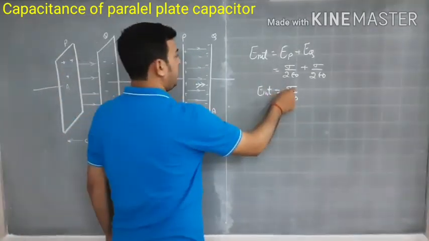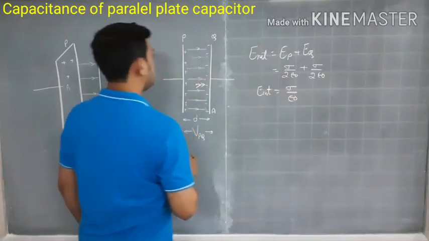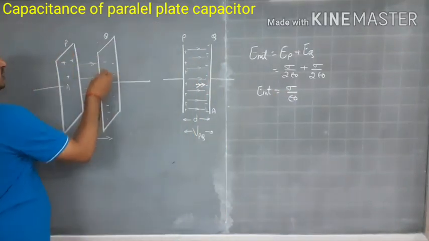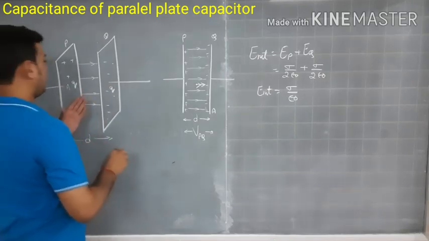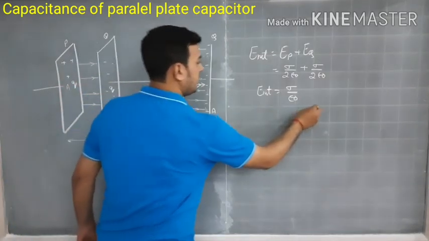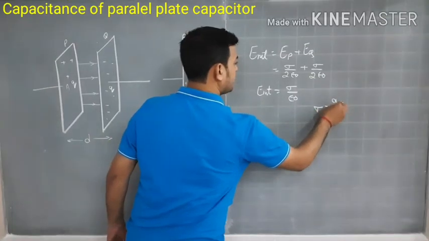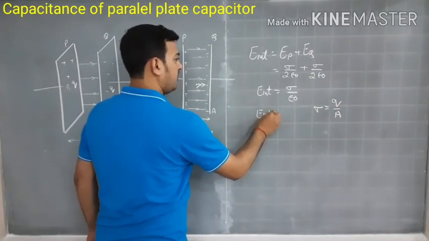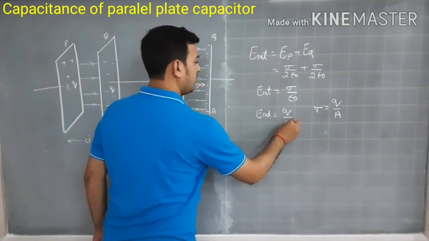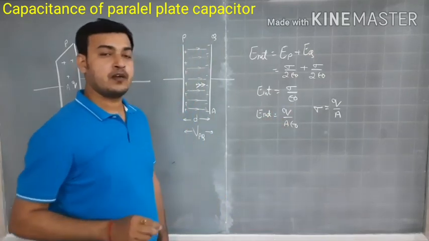If I place the value of charge density, since we know that if the charge is Q, say, and the area is known, we can easily find the charge density as charge divided by area. So the electric field will be Q by A epsilon naught.